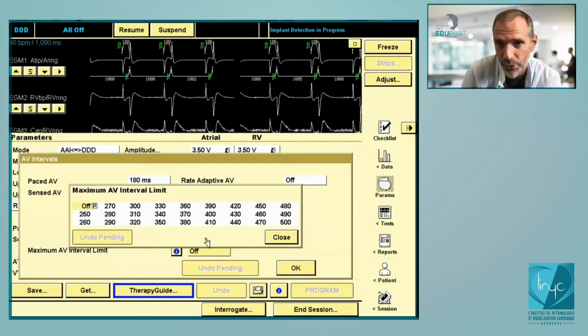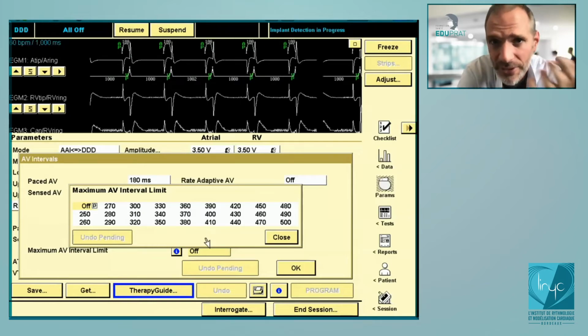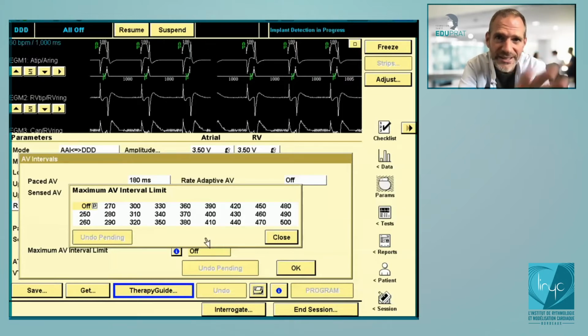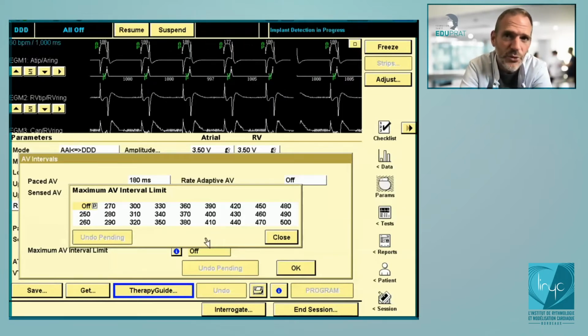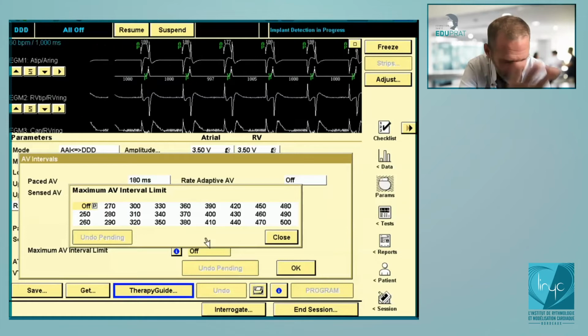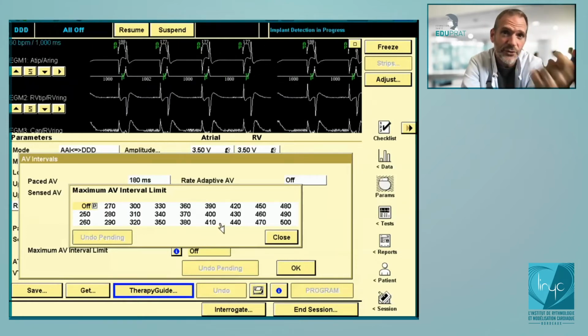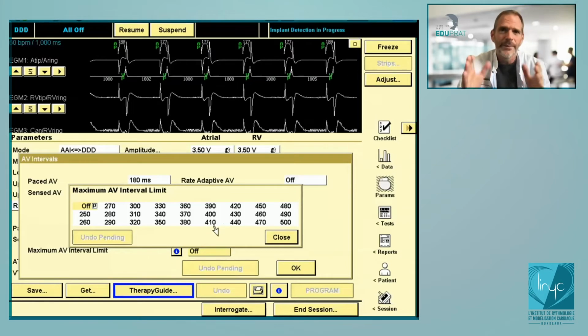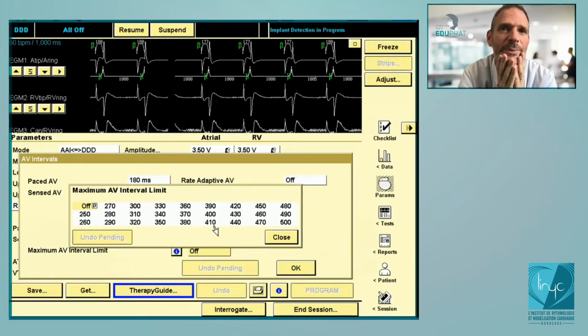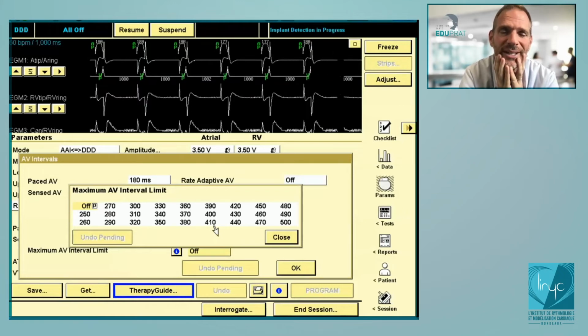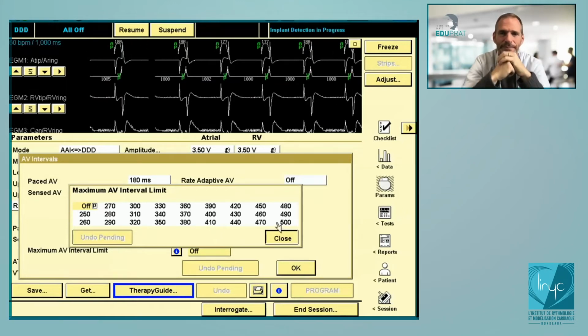If you program, for example, 300 milliseconds, there is no differentiation between atrial pacing and atrial sensing or between rest and exercise. It's just a value, 300 milliseconds, for example. If you program it like that, if the mean PR interval is more than 300 milliseconds, then the device will automatically switch from AAI to DDD. Any question on that?